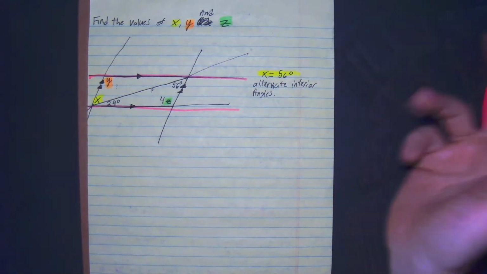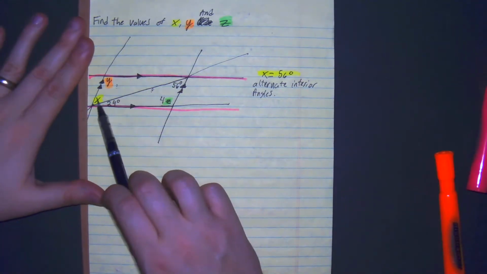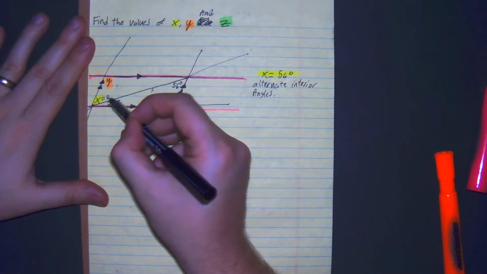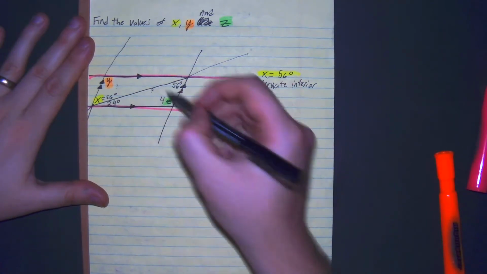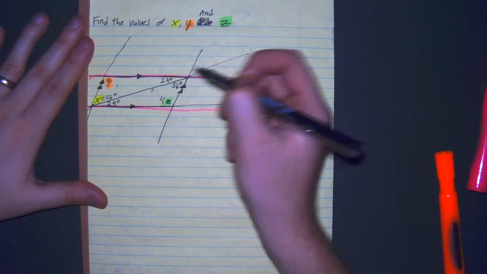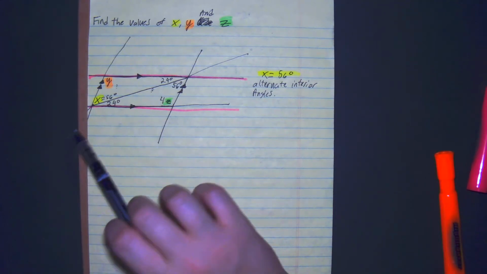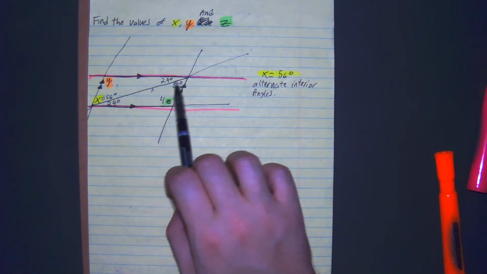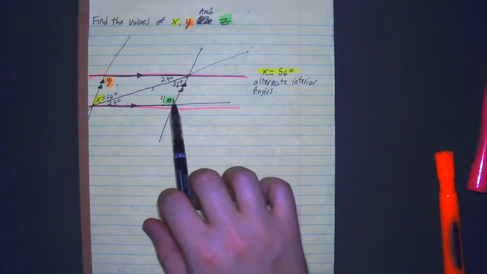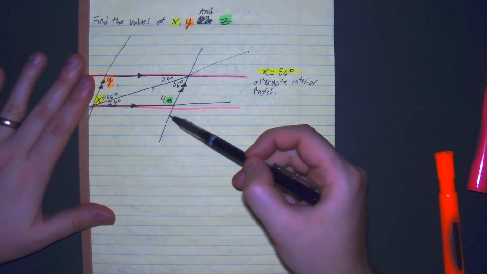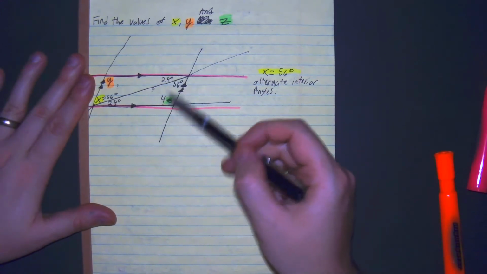So if this is 56 degrees, and that's 24, that means this has to be 24 degrees. It's the next piece of information that's kind of important. Well, if we were to remove this transversal line, then that means we're using this transversal and these parallel lines.